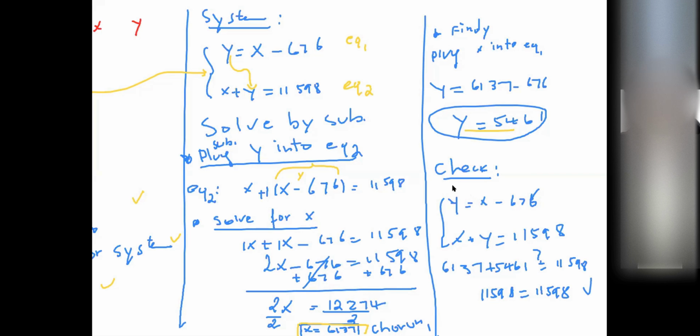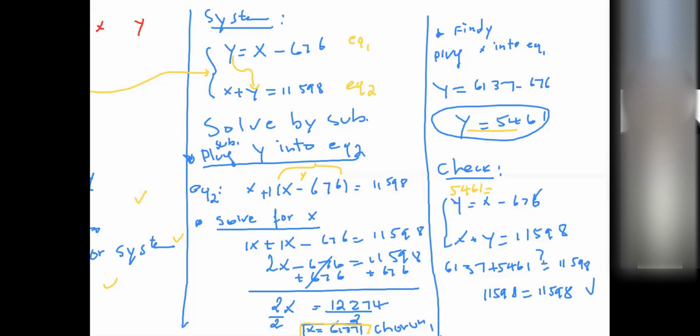The y is again here, 5,461, which equals the x, which is down here, 6,137 minus 676. Not sure yet, so we use this question mark or equal sign. Is this equal to this?